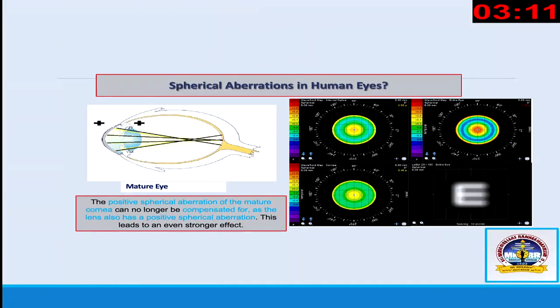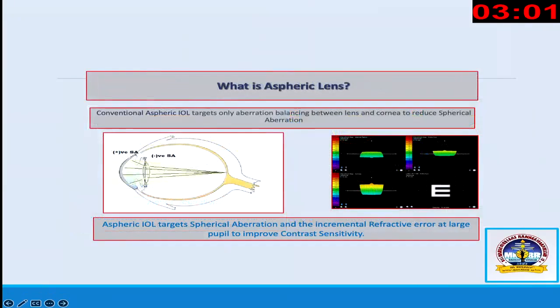As you can see in this picture, the positive spherical aberration of the cornea and the lens combined together increases the spherical aberration, and the quality of image decreases. This is again shown in the other profile, where the two get combined to increase the spherical aberration. But once we change the lens with an aspheric lens, it gets neutralized, and the quality of vision improves.